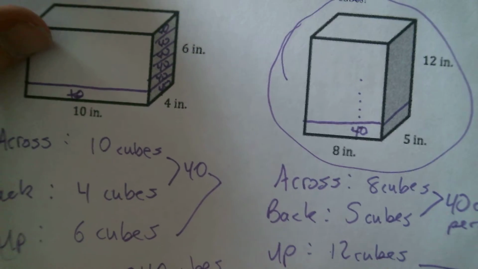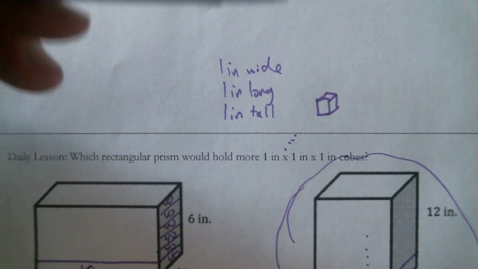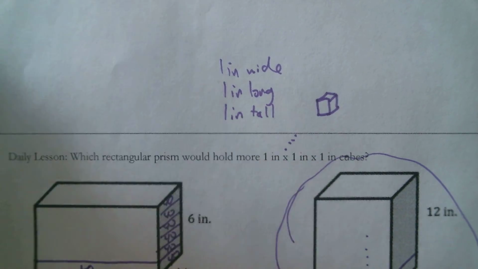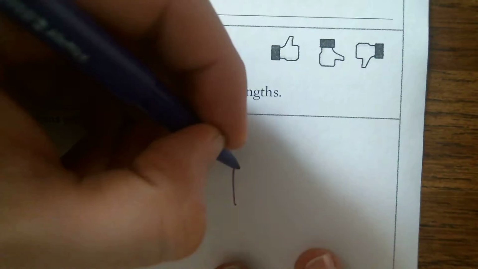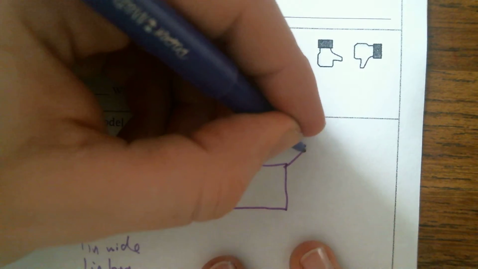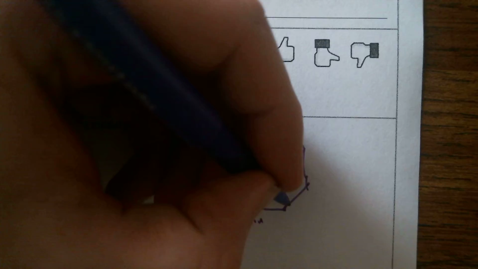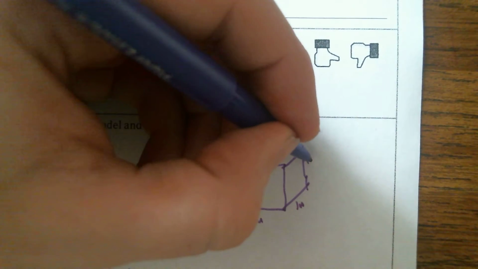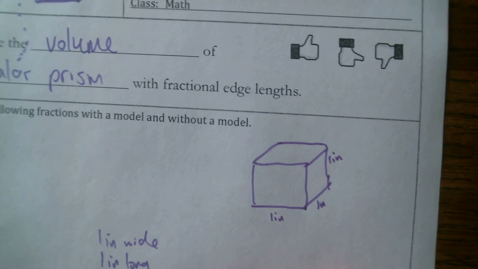But this is the most basic thing. We have a regular cube. It's 1 inch long. There's not as much thinking going on here. We're going to change the size of this cube. So instead of, you don't have to write this down, instead of our cube being 1 inch here, 1 inch here, and 1 inch there, we're going to cut it in half in every way.